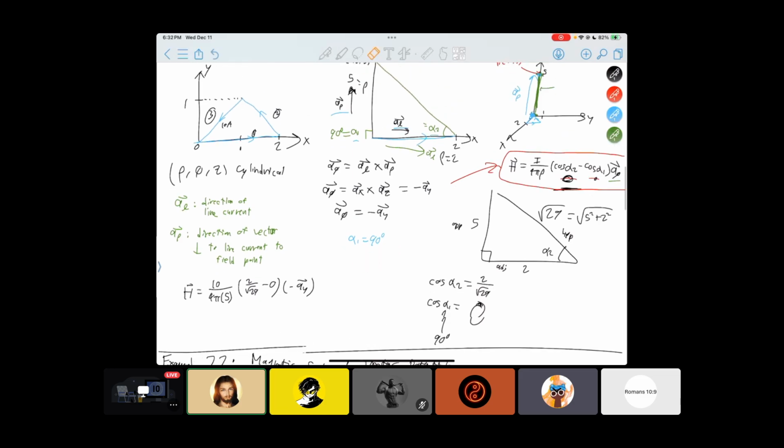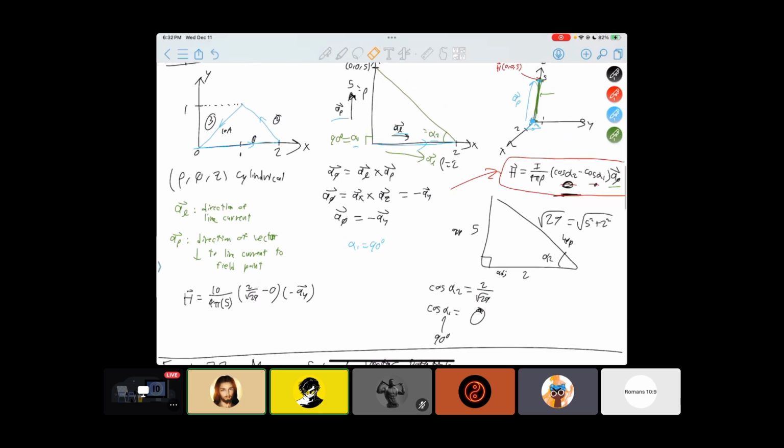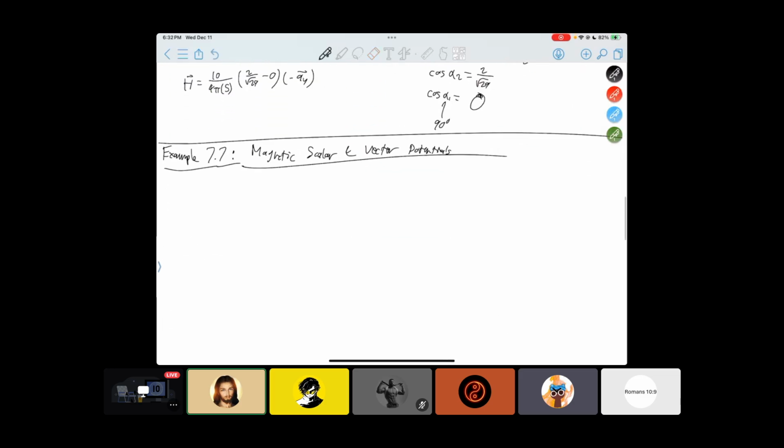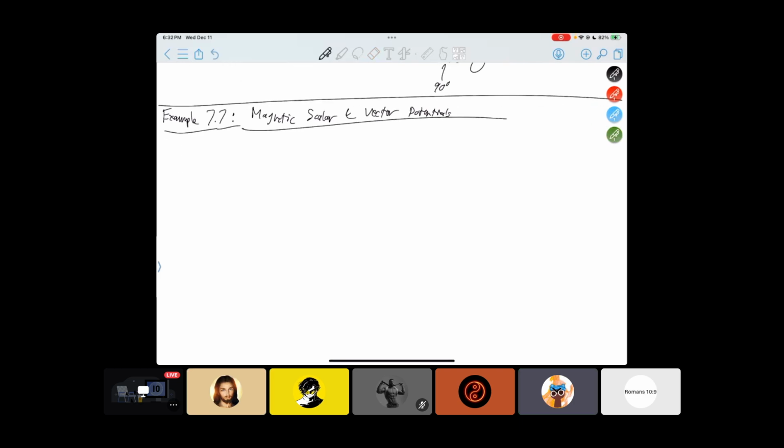I think this is reasonable because it's already derived for us, and that's what he probably put on there. There are two ways of solving this, and I think he wants us to know both ways just in case. We are given a magnetic scalar potential.